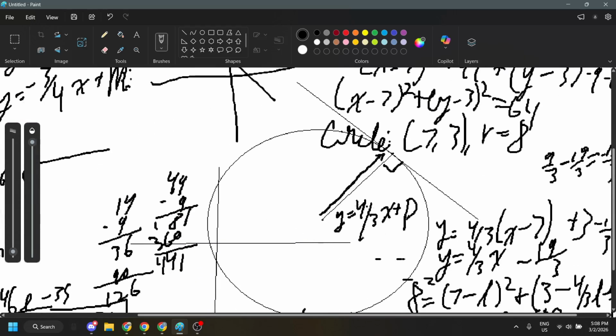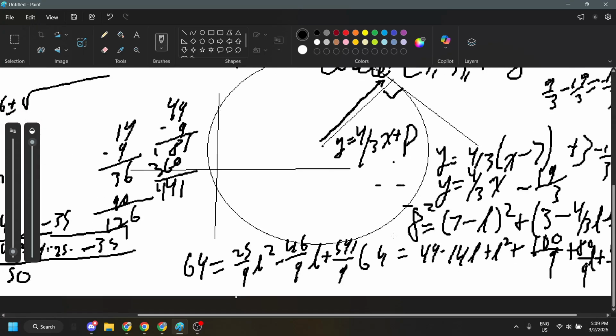We find the intersection of this and the circle, the point on the circle where this and this are the same. P is negative 19/3.